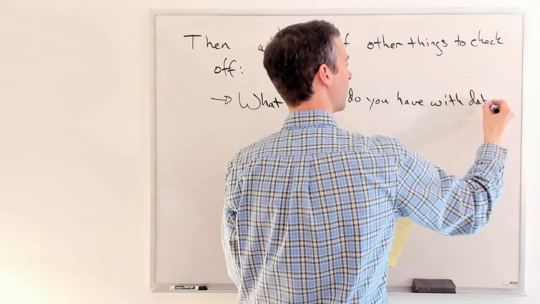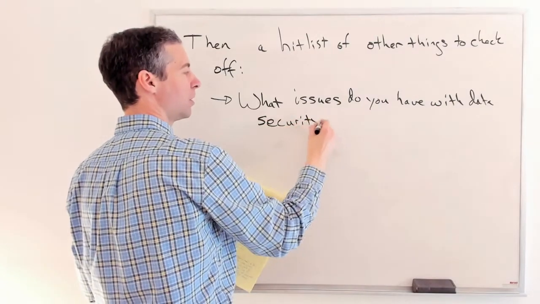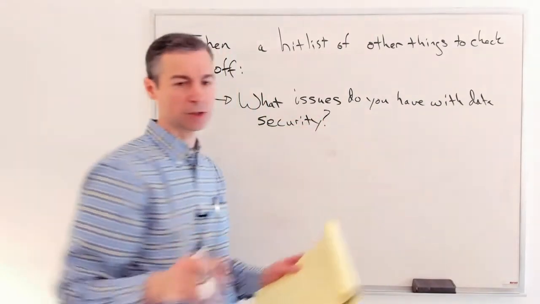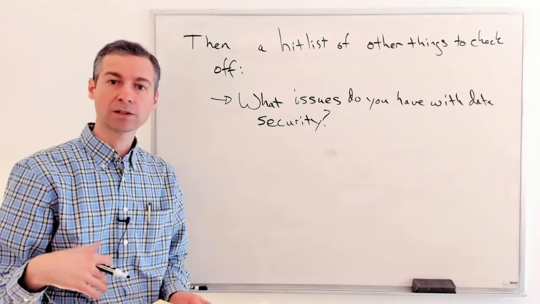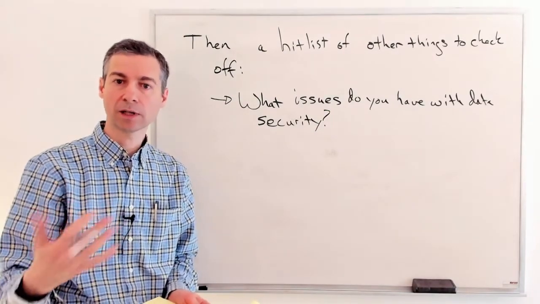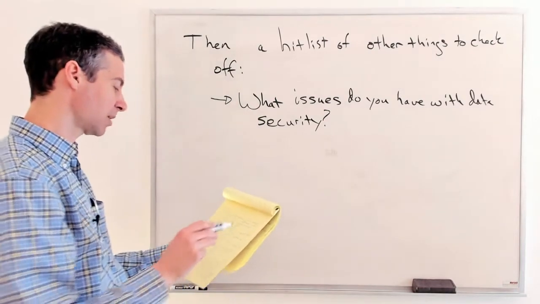Is there going to be any personal or highly sensitive data? Because as an engineer, you're going to need to consider how to design a system to work with and protect that data.